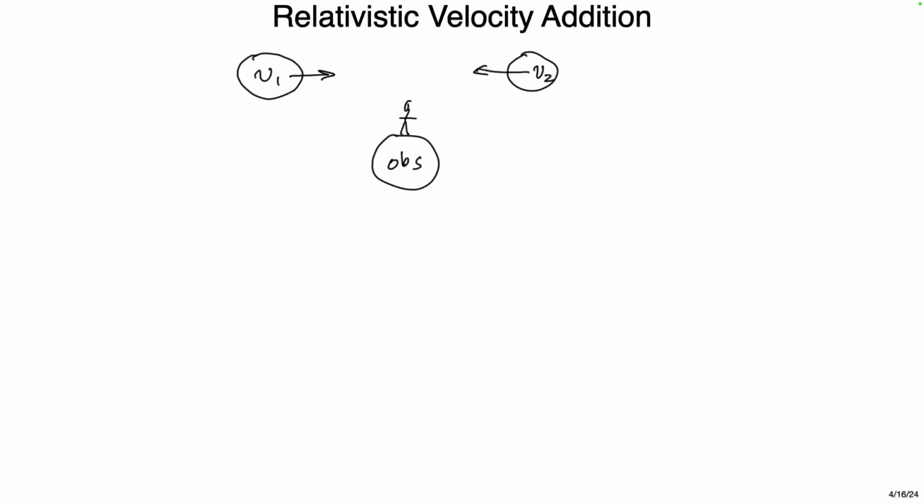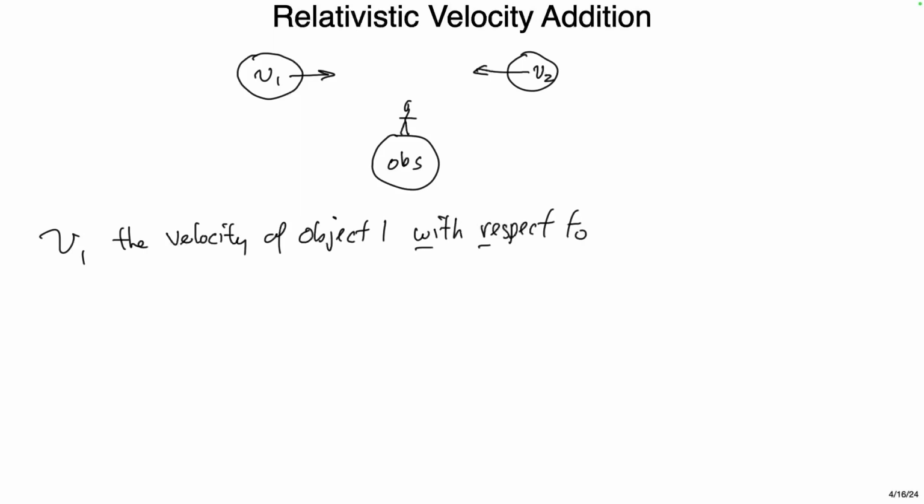Okay, so what's the setup here? V1, okay, is going to be the velocity of object 1 with respect to, WRT, the observer, and I'm writing all these out because this is important. So the observer measures this velocity.